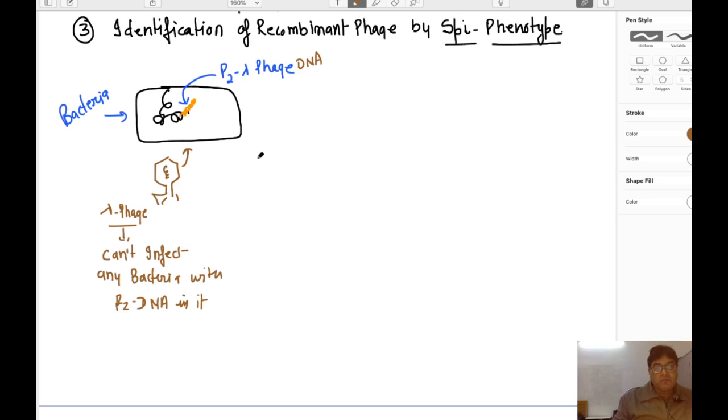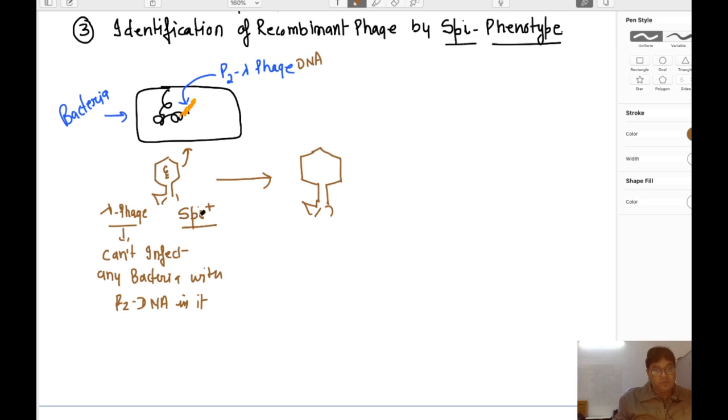if we design a phage in such a way, if we modify the DNA of this phage? Now, this phage is called SPI positive. SPI means sensitive to P2 inhibition.